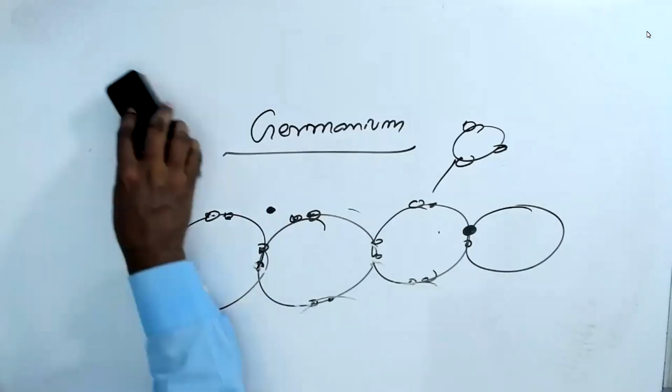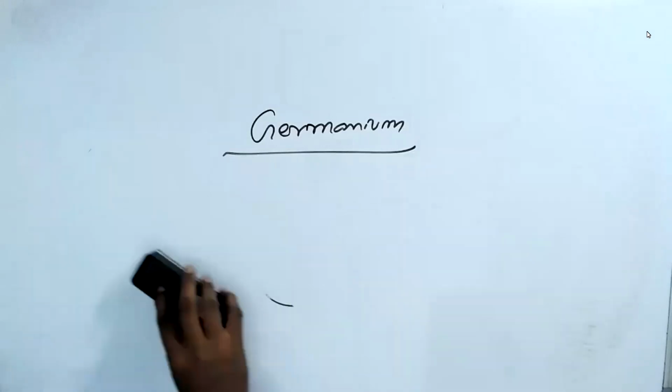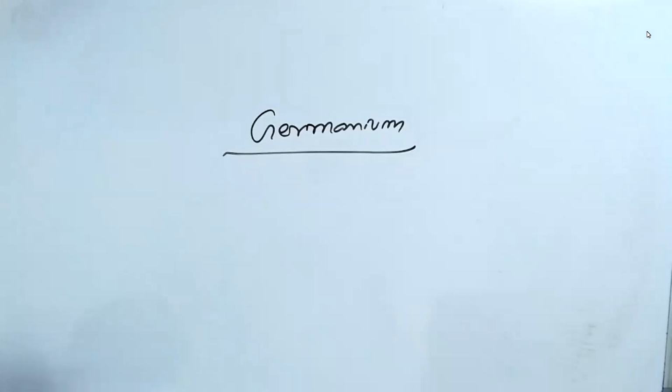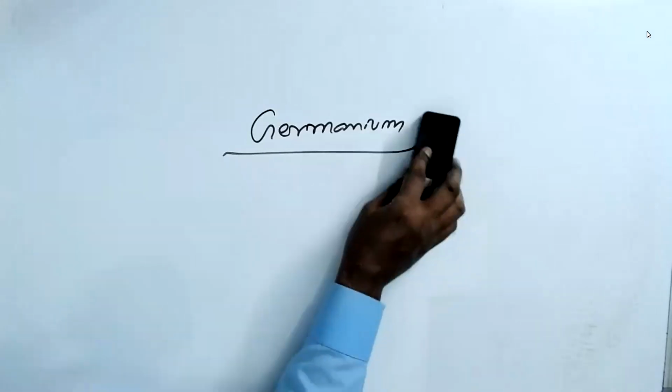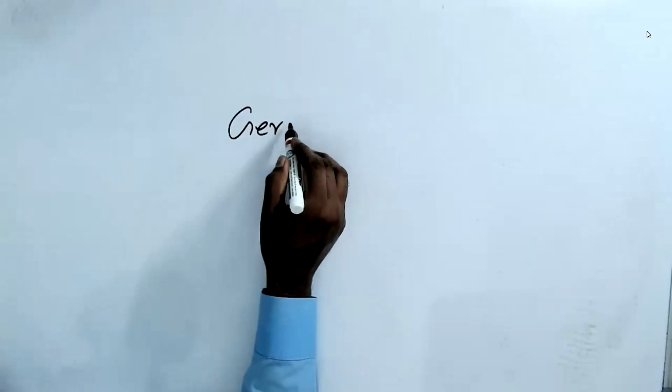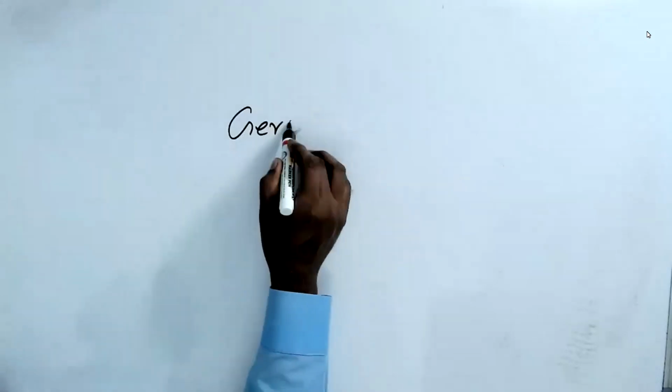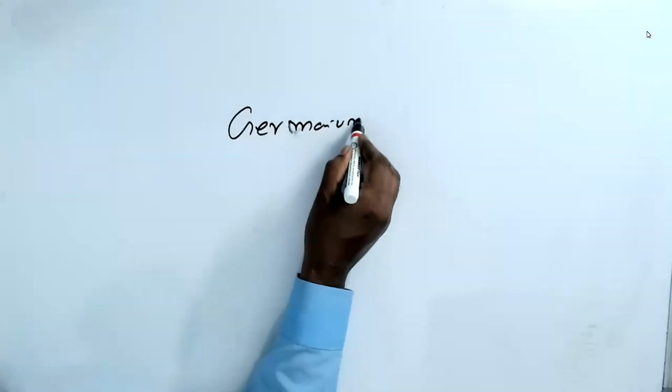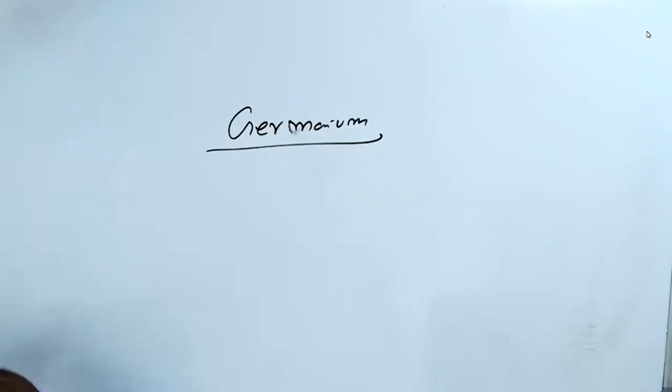So now, from germanium, they found that germanium was costly and availability was limited. So generally they found out that there is the same 4 valence electron element. It was silicon.